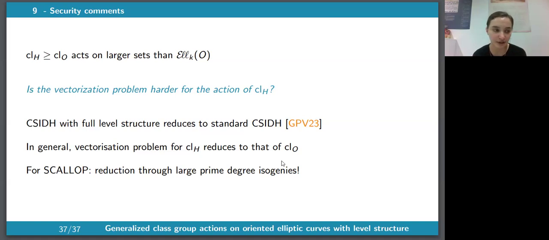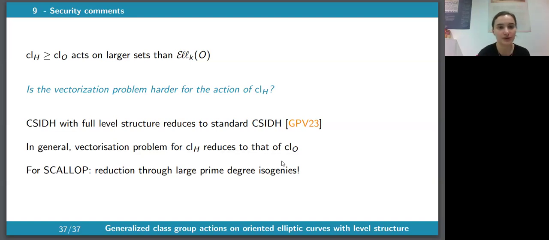So even though we are able to see how this reduction works, and really we're able to trace back to some action on subgroups of the top curve E, such subgroups have huge order and huge prime order, and they will live over huge extensions. So really, we have no hope to see these subgroups and to solve the vectorization problem in this way.